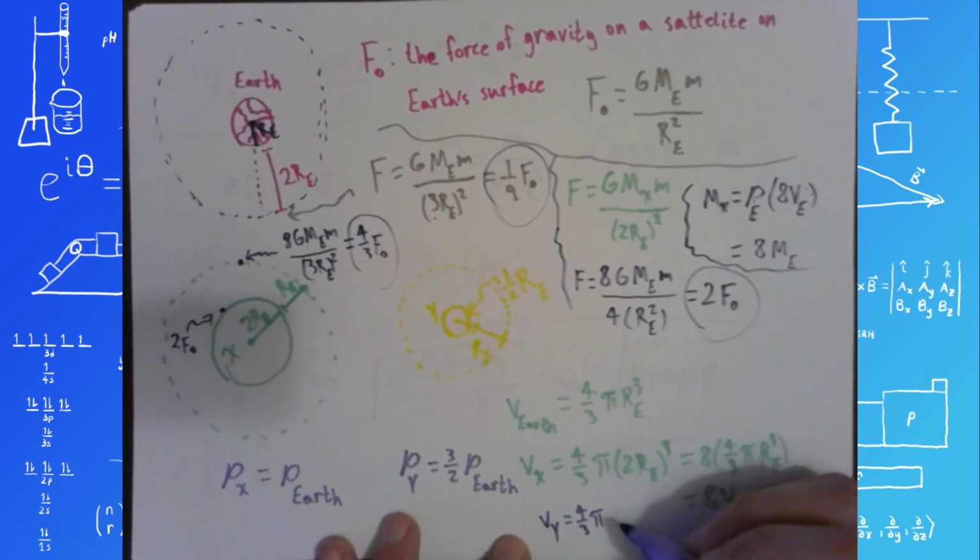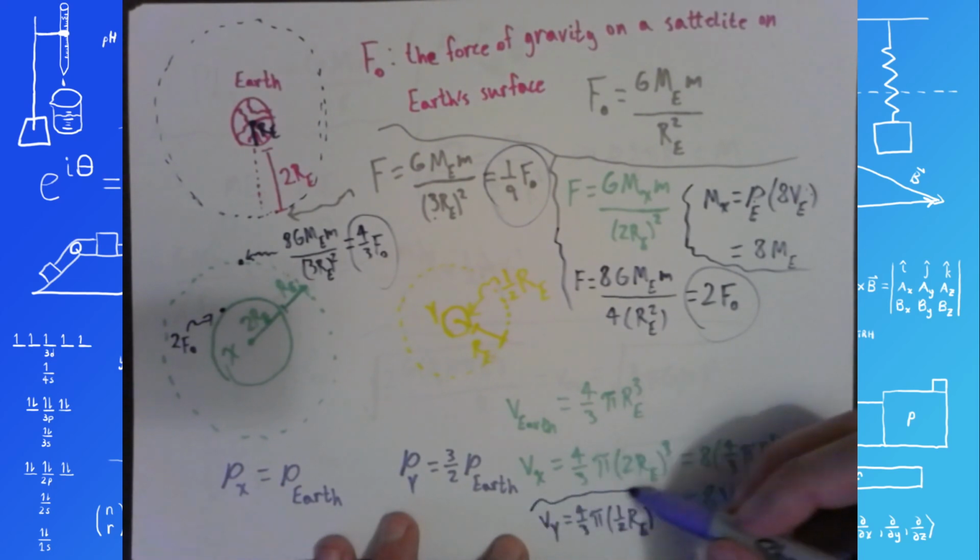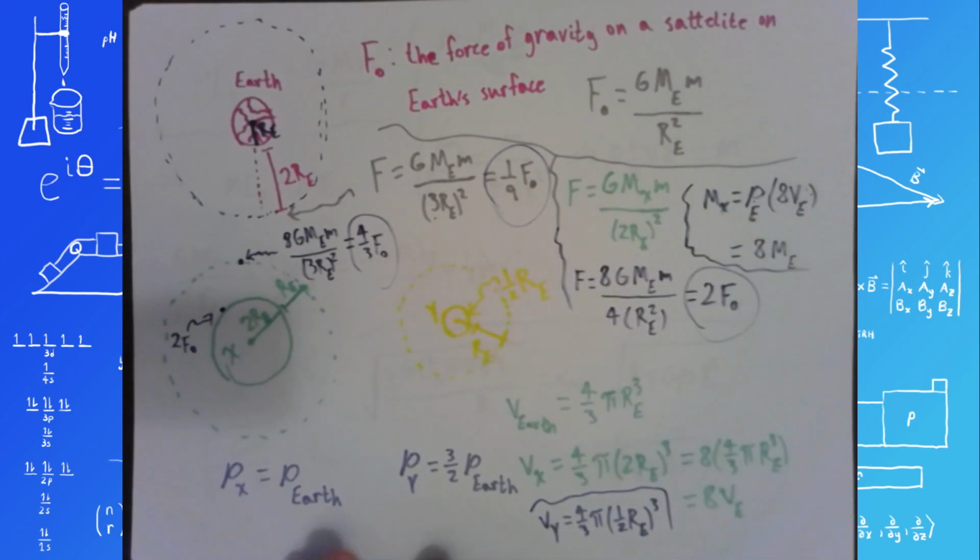The 4/3 pi part doesn't even really matter all that much. And then 1/2 radius of Earth cubed. 1/2 cubed gives you 1/8. So planet Y has 1/8 the volume of Earth.